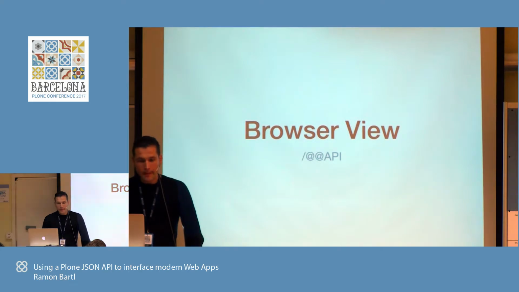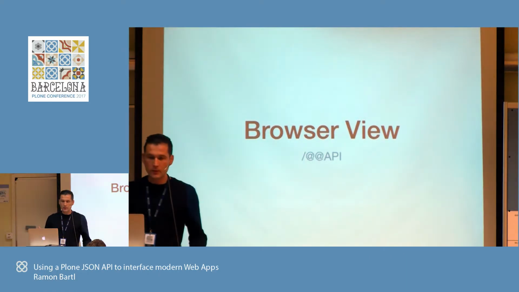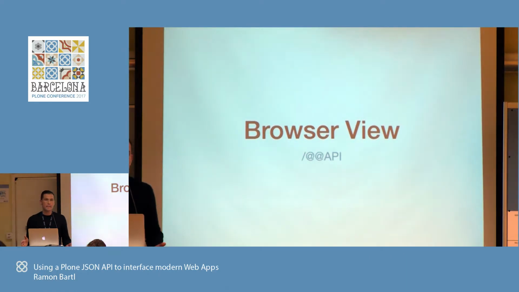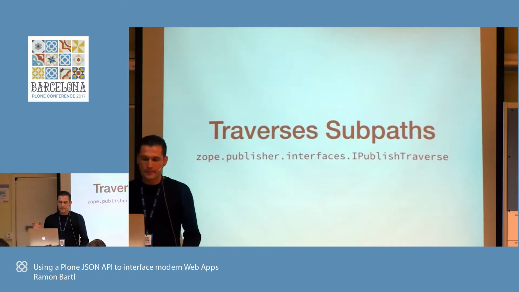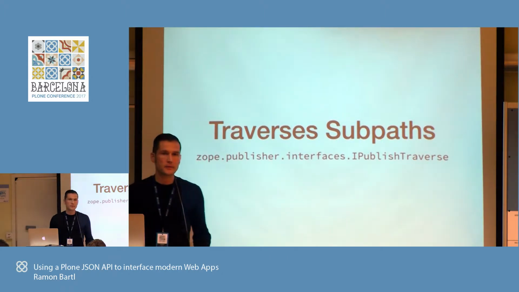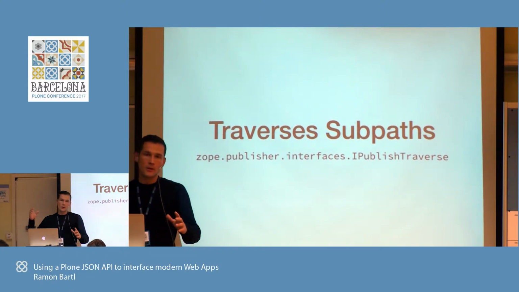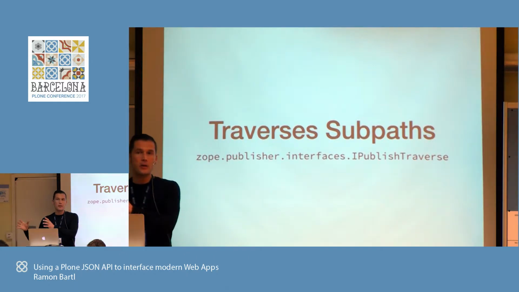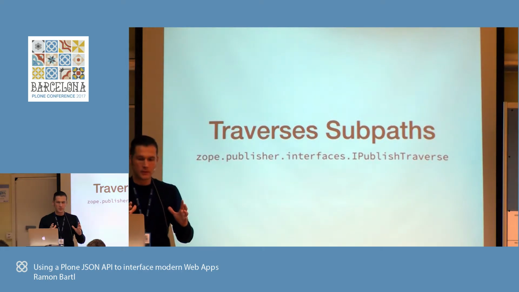What might sound like a real complex piece of code is at the bottom line just a browser view, and the browser view is registered on @@API. But it is capable of traversing subpaths. Just keep in mind, Plone is content-centric. You type in a URL and you will end up at a content.